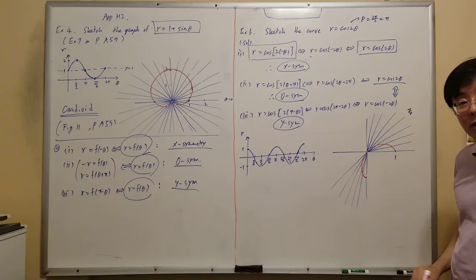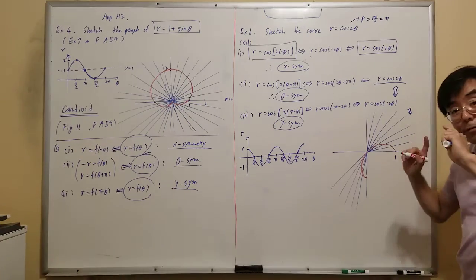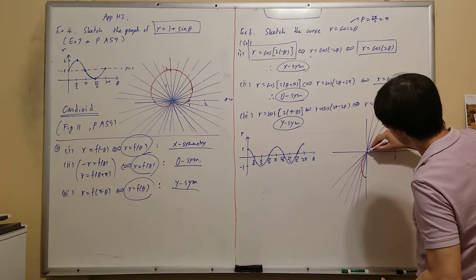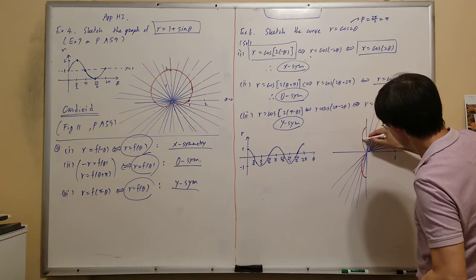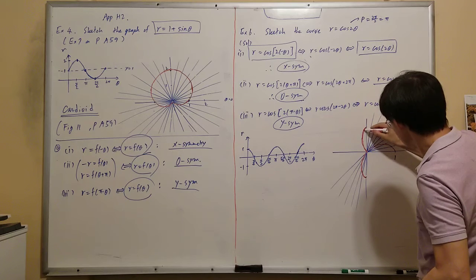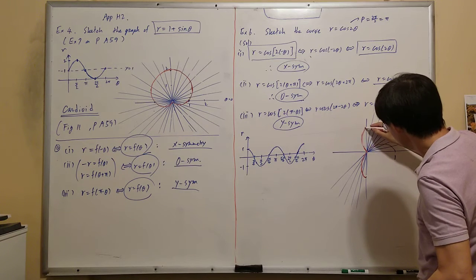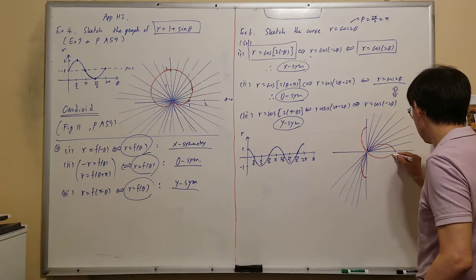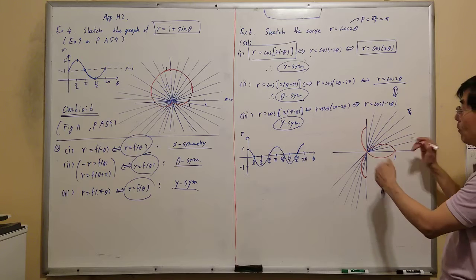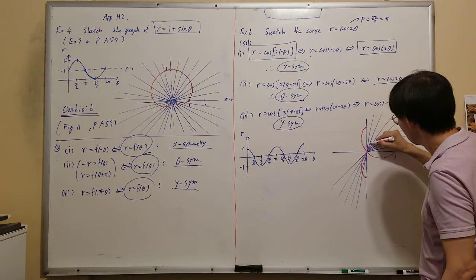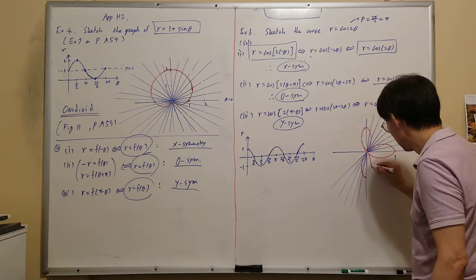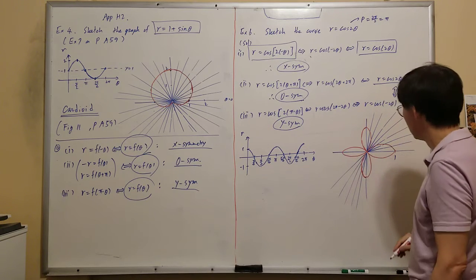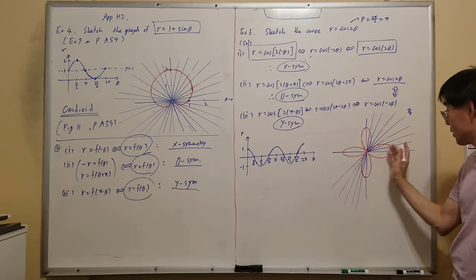Length 1 here. Now, because of x symmetry, you can reflect over. Then you will have something like this. Reflect over. And then reflect over the y-axis. Or you can go through this pattern.